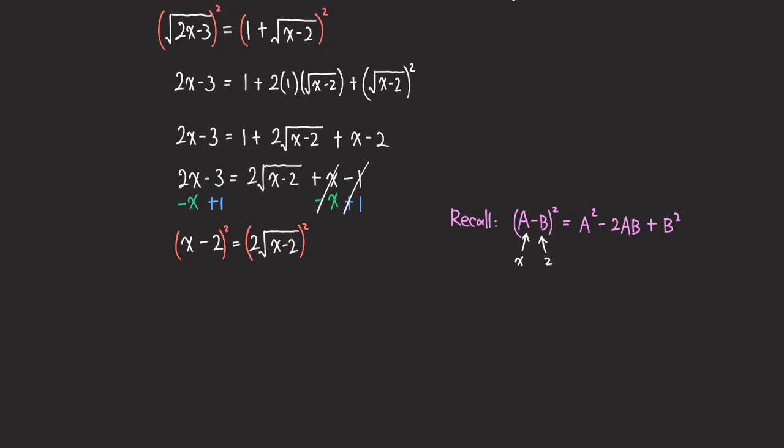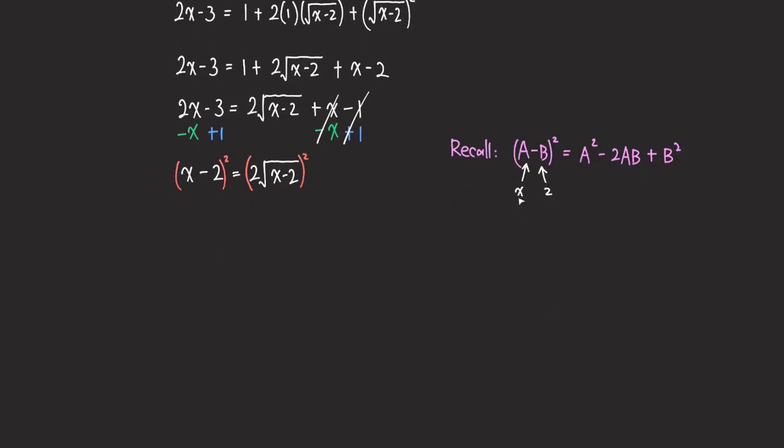So if we are expanding this, then we are going to get a squared, which is x squared, so we get x squared, okay, minus 2 times a times b, so we are going to have the x over here, the 2 over here.